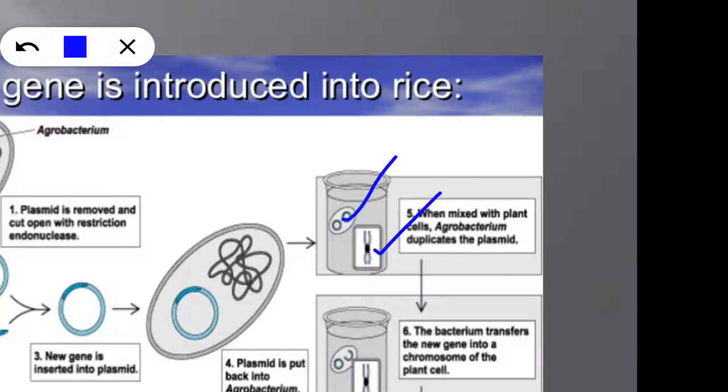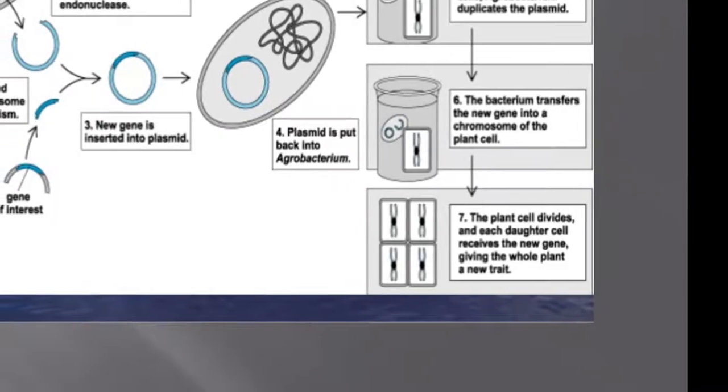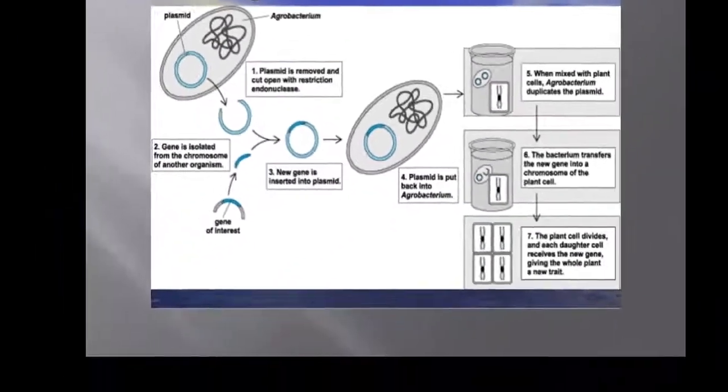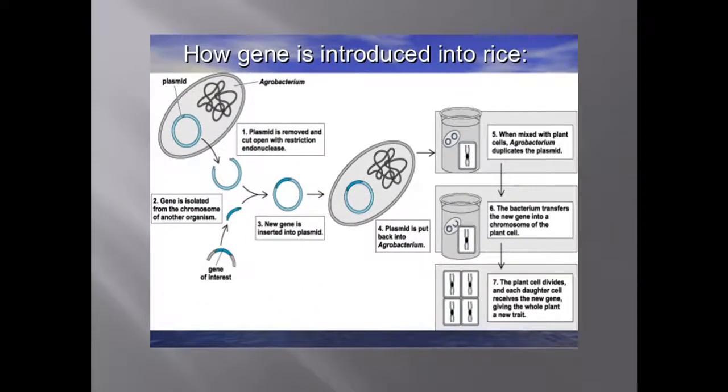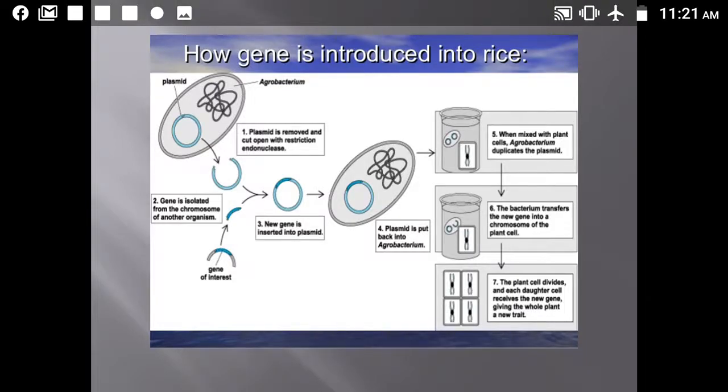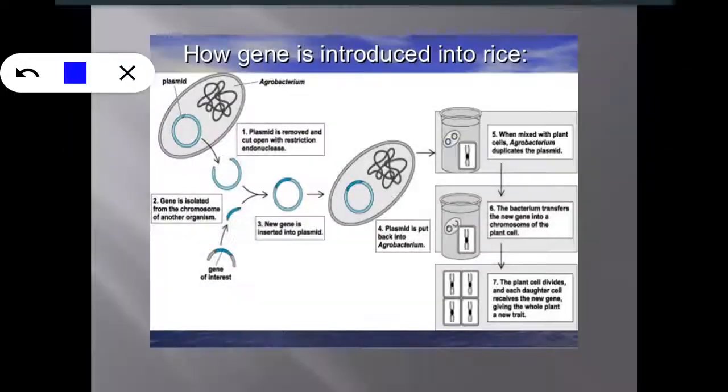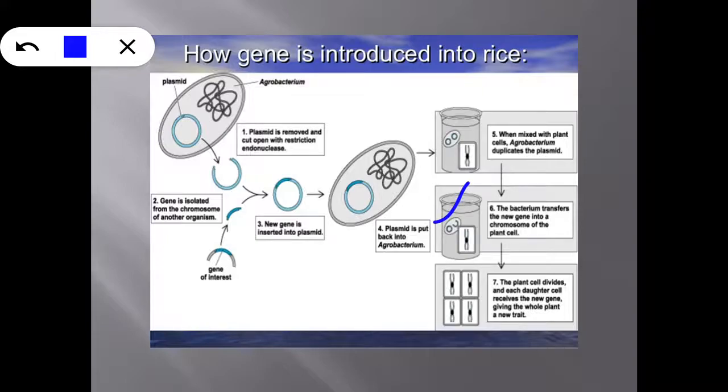Agrobacterium is mixed with the plant, for example rice grains, which you can consider as a plant cell. Agrobacterium is infecting the plant cell. So you can find this is the agrobacterium cell and it is infecting the plant cell.